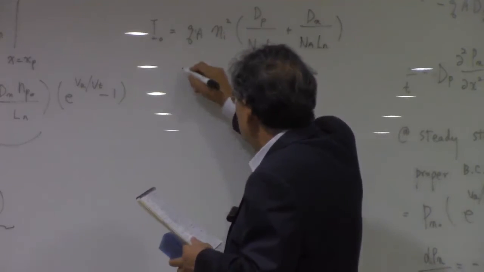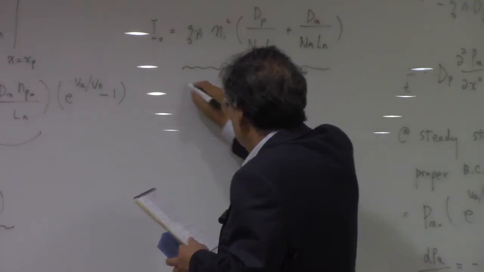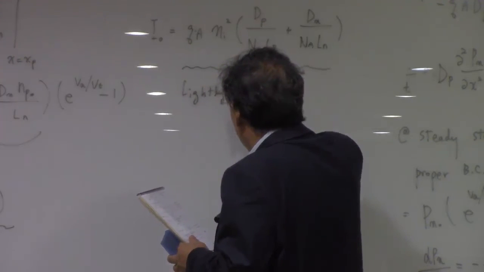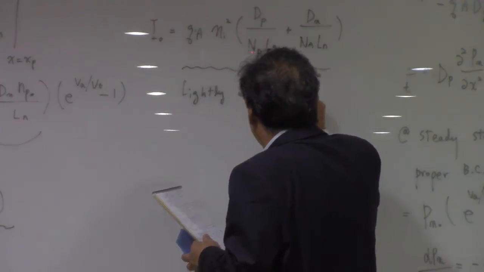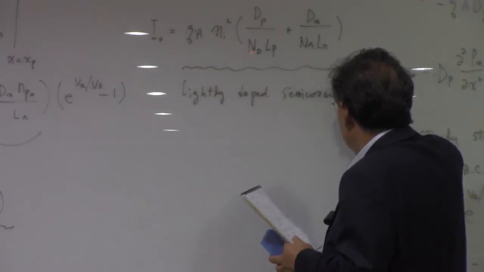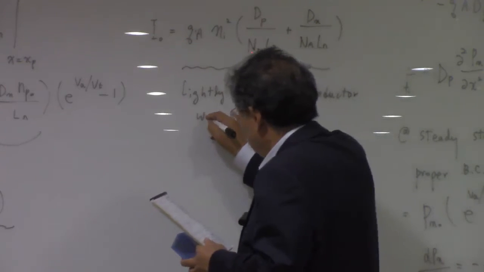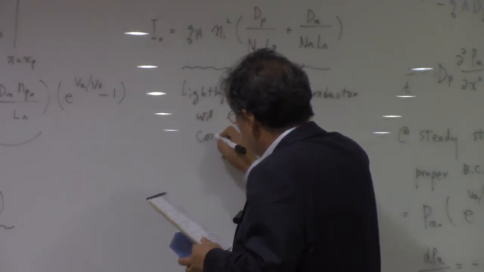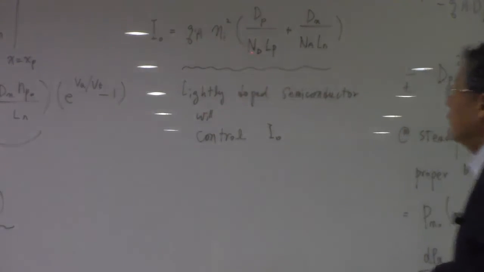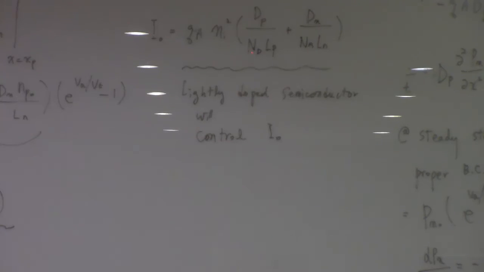So you can see here the lightly doped semiconductor will control the I naught value. Okay.